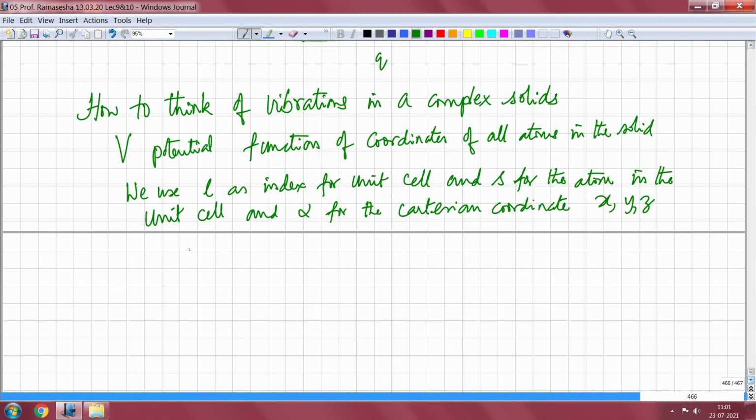So I can describe my potential V as a function of all the atoms in a solid.